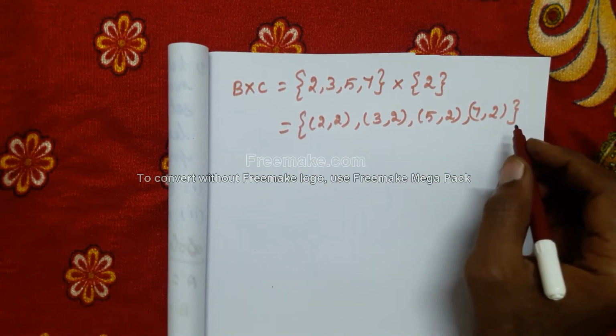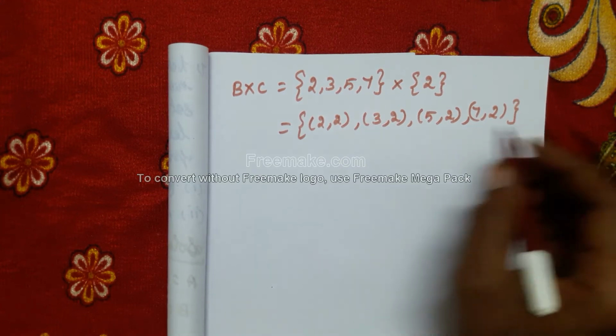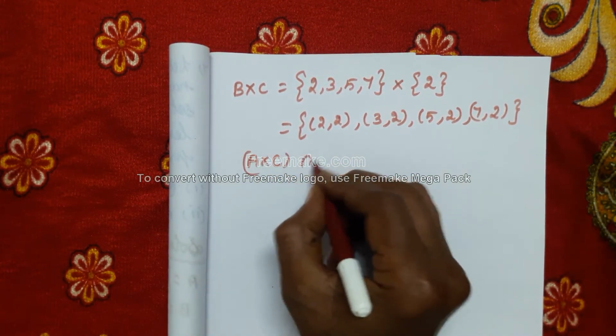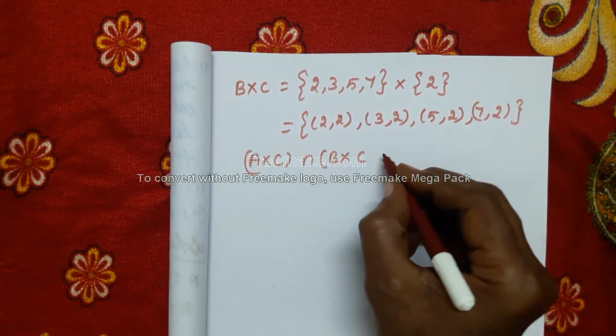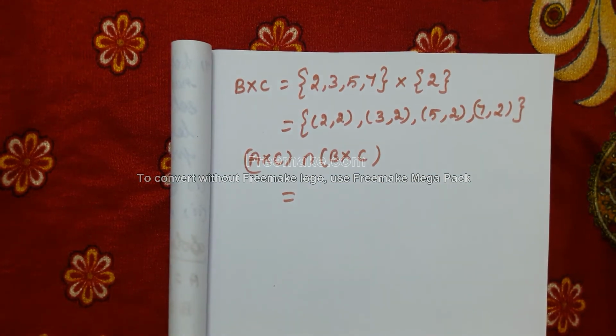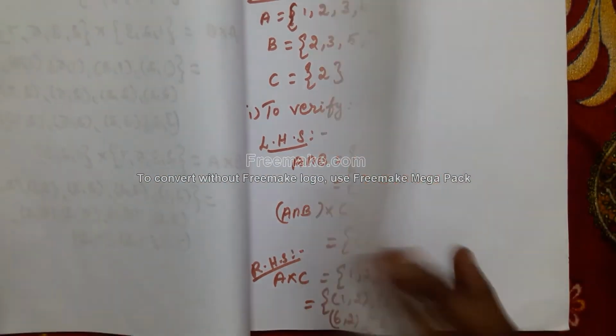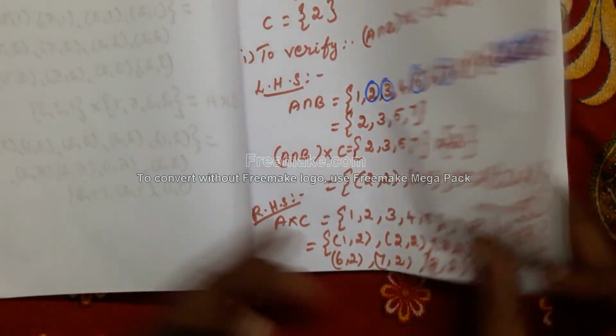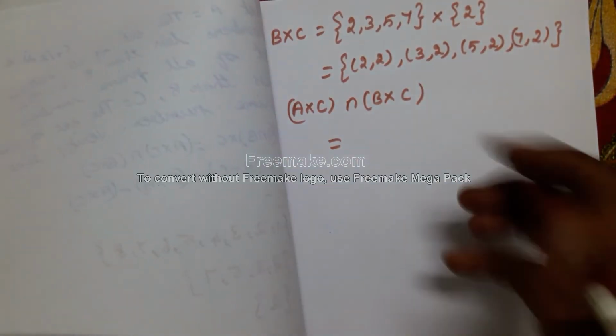Next we have to find out A cross C intersection B cross C. What are the common elements of A cross C and B cross C? (2,2), both also having (2,2). Here also having, here also having.